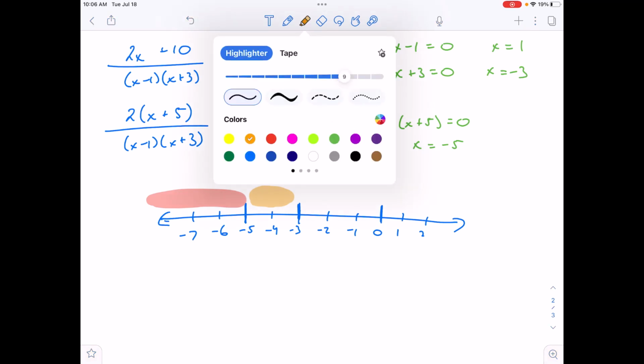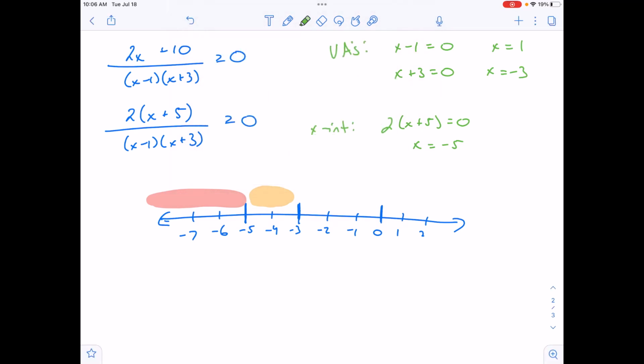My third interval will be everything between negative 3 and 0, so between those two vertical asymptotes. And then last but not least, my fourth one will be everything after my second vertical asymptote there.